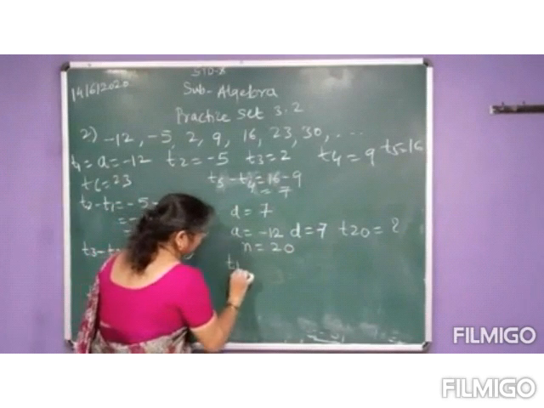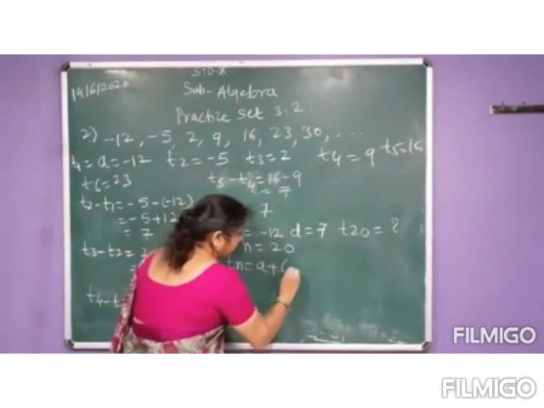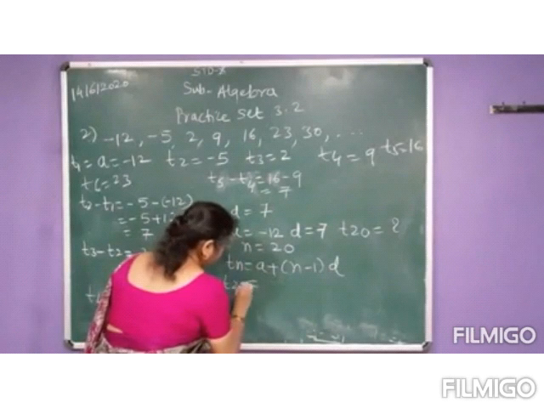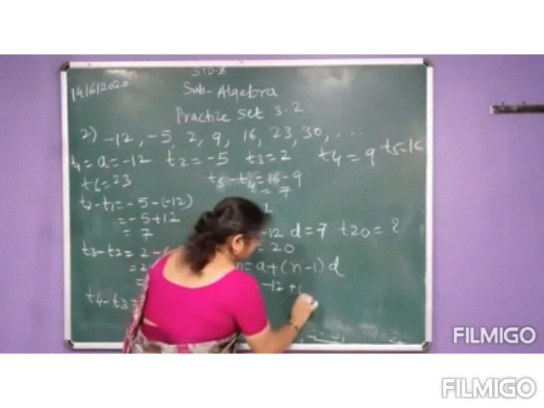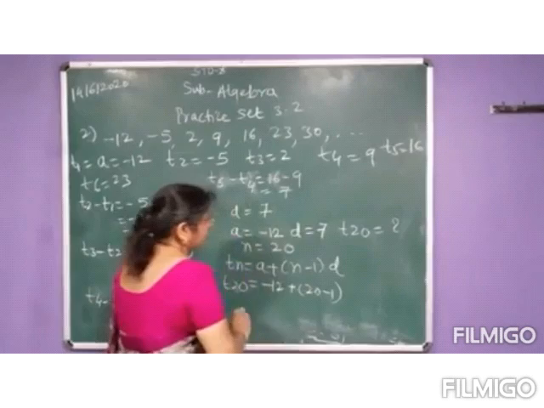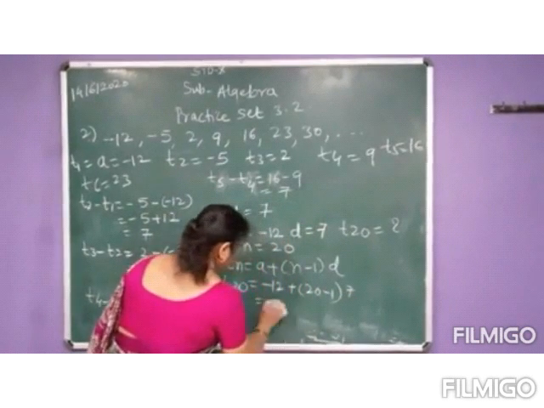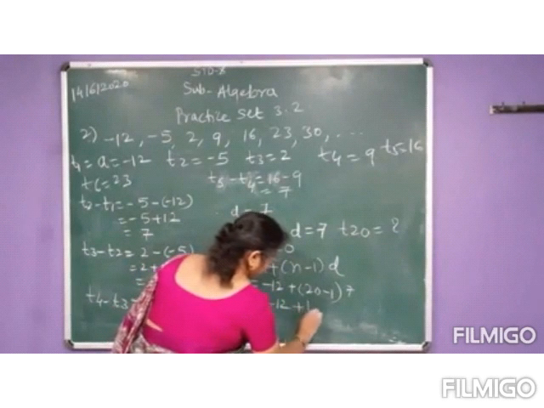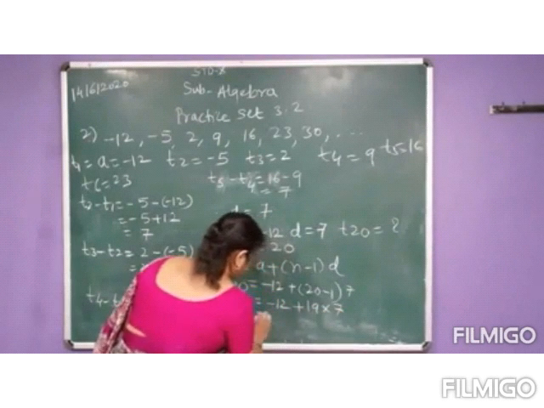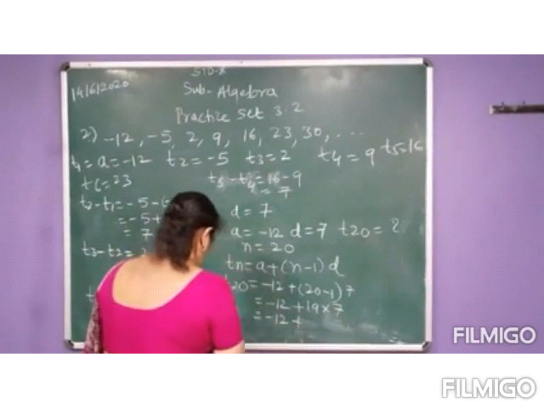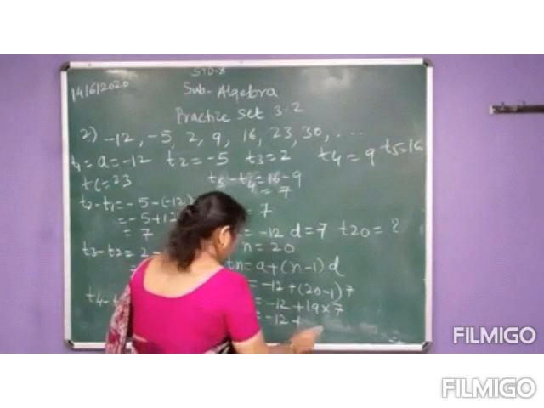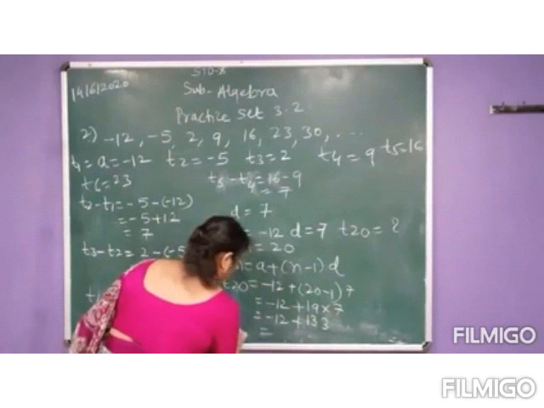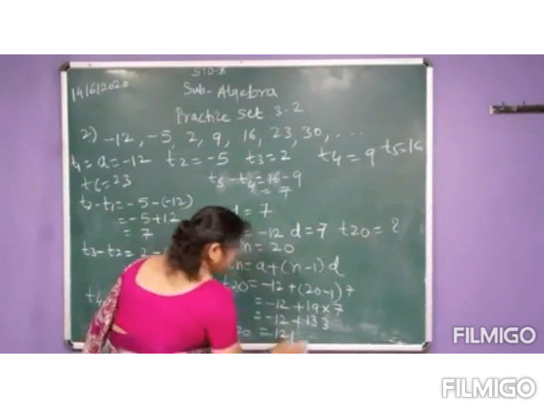You will write the formula: Tn is equal to A plus N minus 1 into D. So T20 is minus 12 plus 20 minus 1 into 7, that is minus 12 plus 19 into 7, which is 133. So you will get T20 is equal to 121.